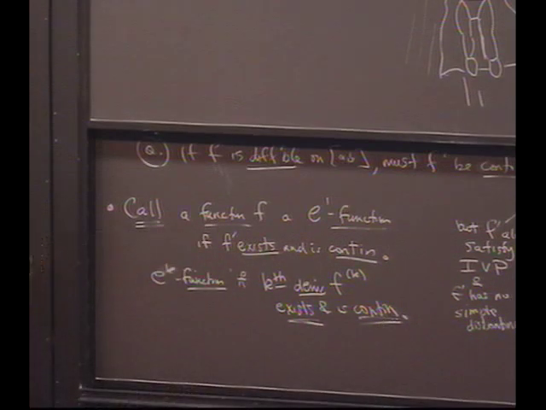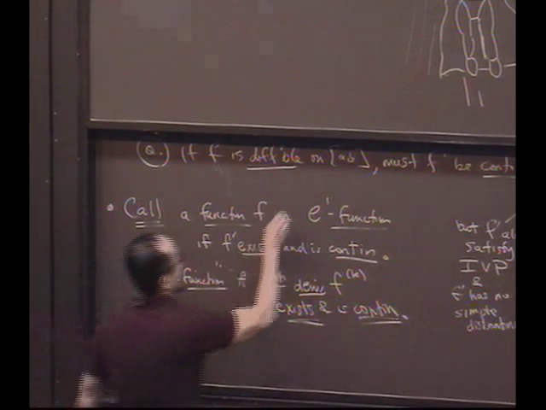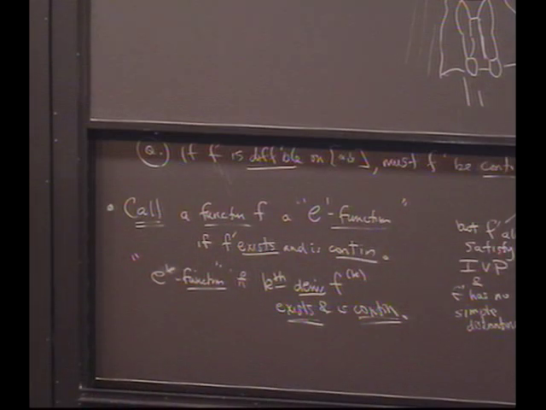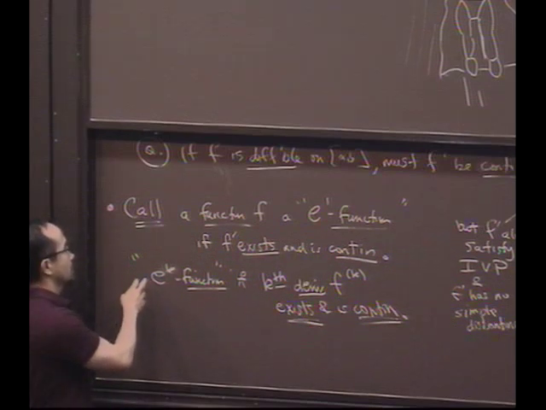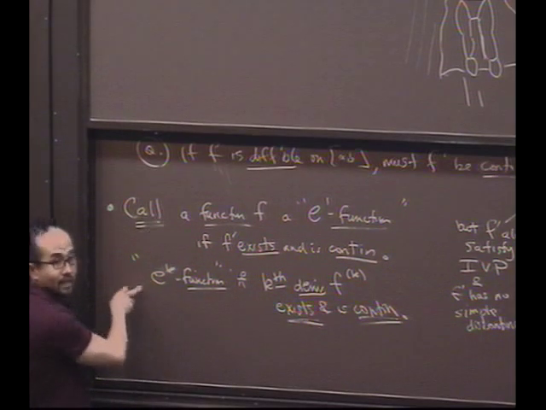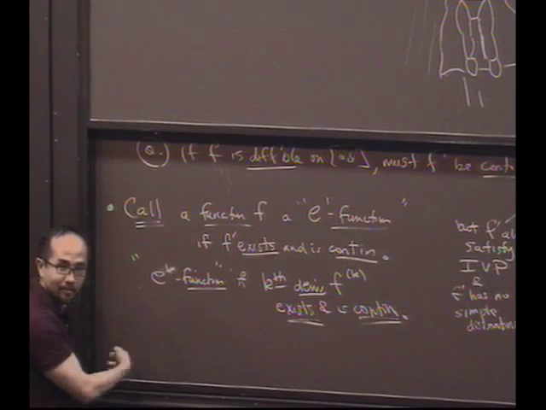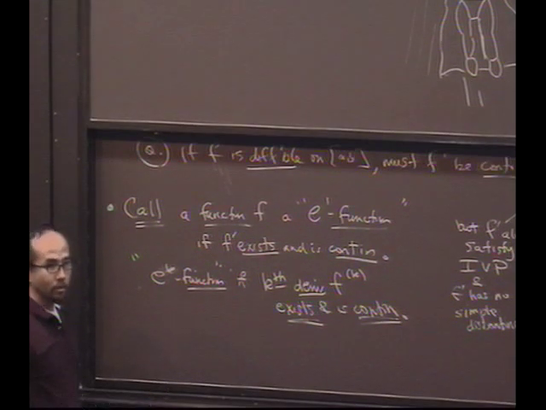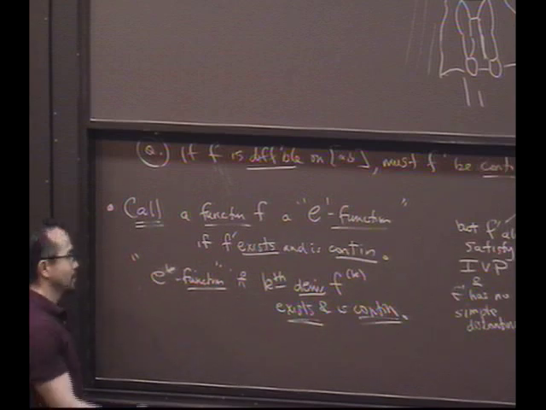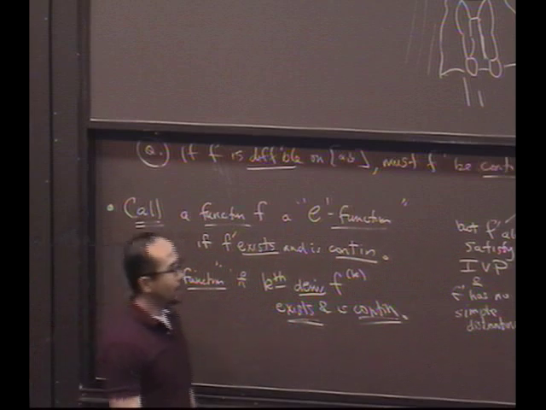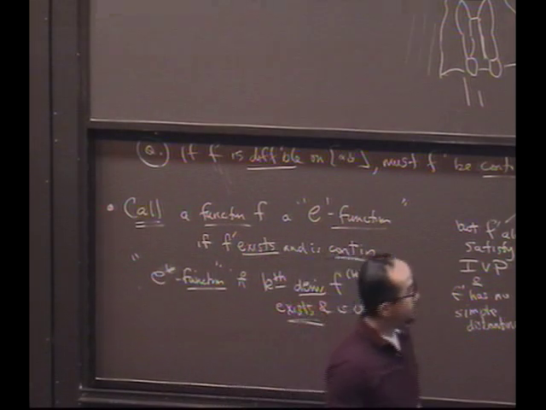Now, you might ask yourself, are there functions that are C1 but not C2? Or functions that are C2 but not C3, for instance? Well, probably, because I've got names for these things, right? How do you think I might construct such functions?